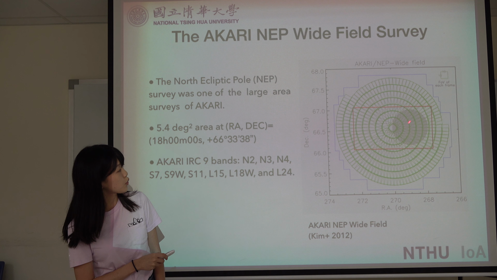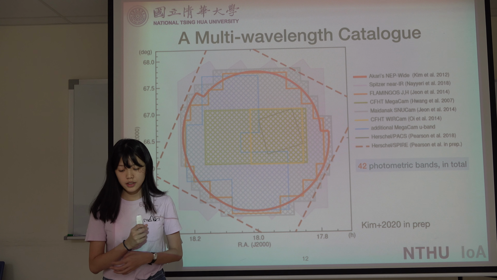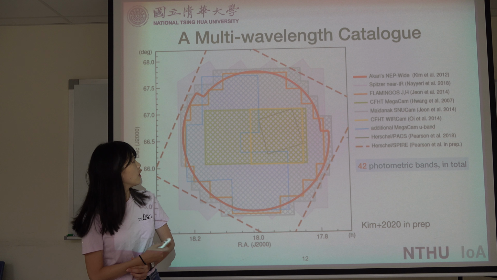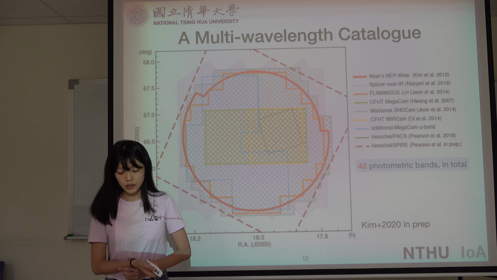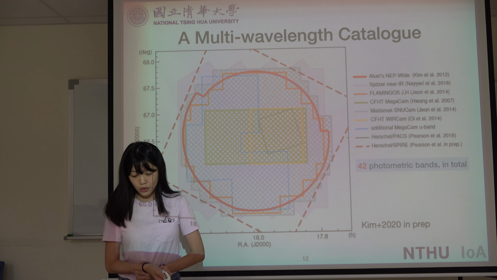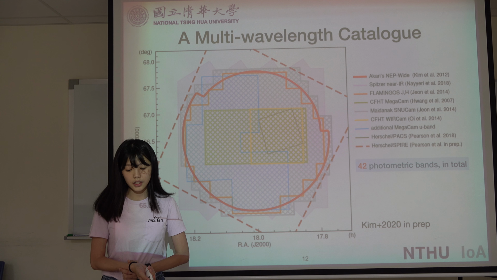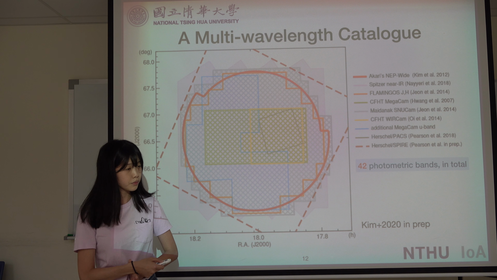Having AKARI data is not enough. Recently, Subaru HSC observations with grizy wideband were carried out to cover the entire field of the AKARI NEP field. This is very powerful because it allowed us to extend AKARI sources with photometric redshift to the full coverage of the NEP Wide Field.